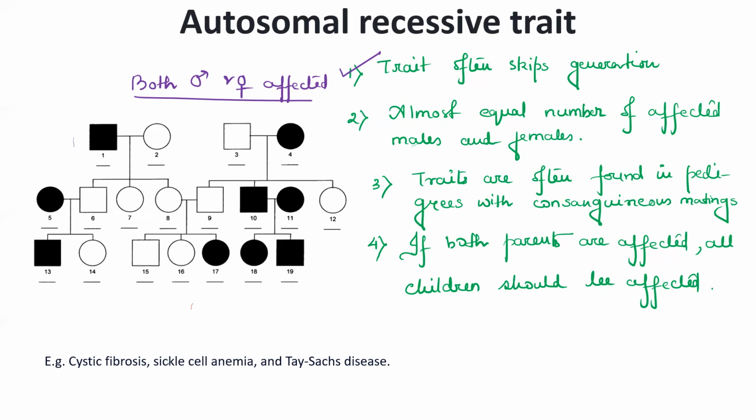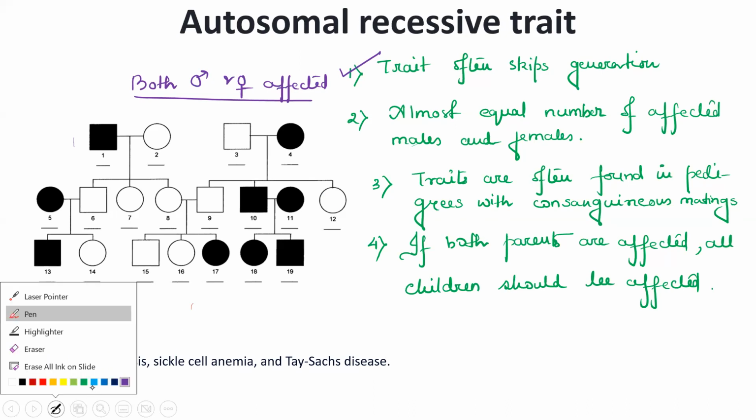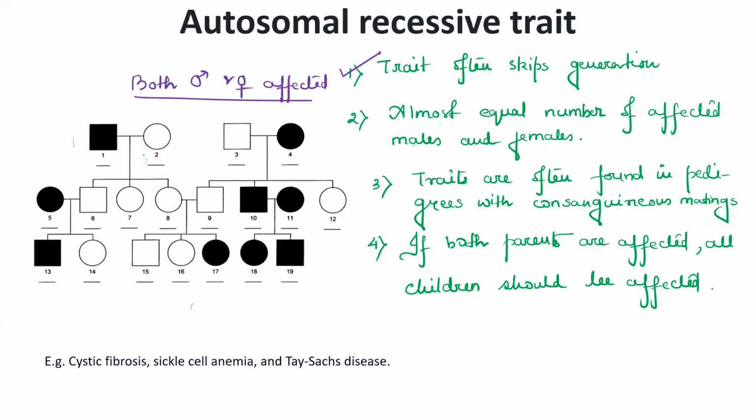I'll use two different colors to show you this. See here. Here one parent is affected. This part you just concentrate on. This blue box. One parent is affected, one is unaffected. Here you can see none of the children got the disease.